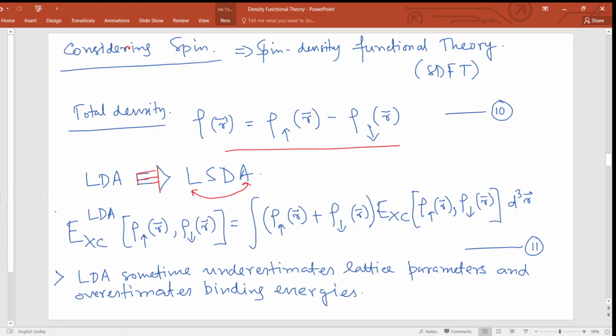Also, suppose you have a material A and another material B that tries to form a bond. How much energy cost is involved there can also be called a binding energy. So there is some under or overestimation of these two.